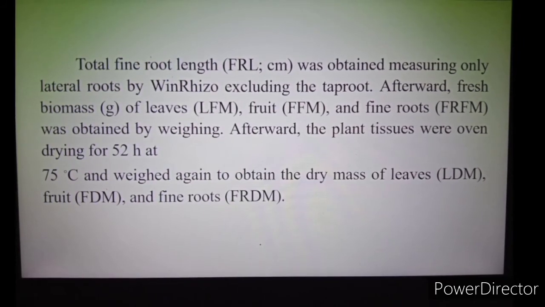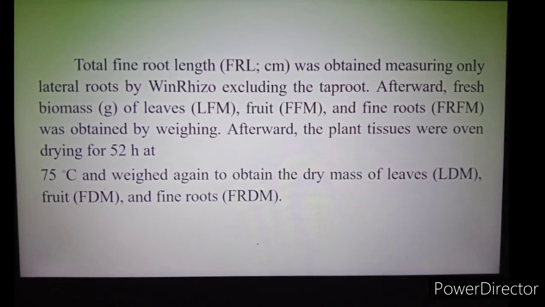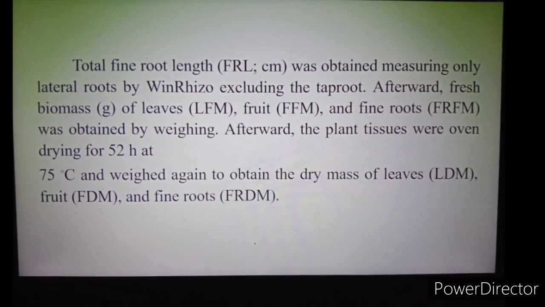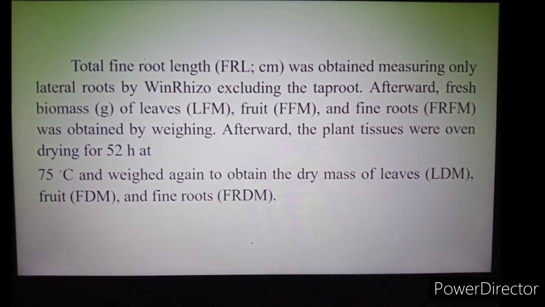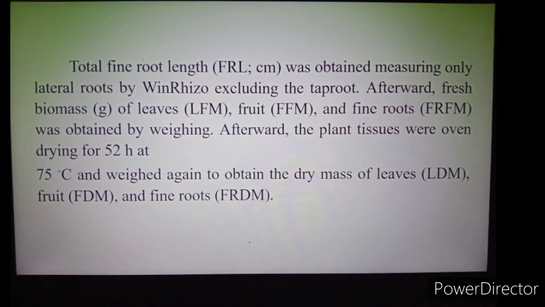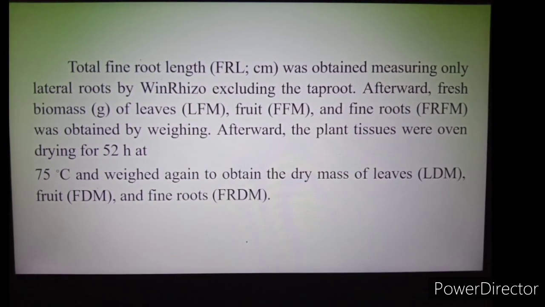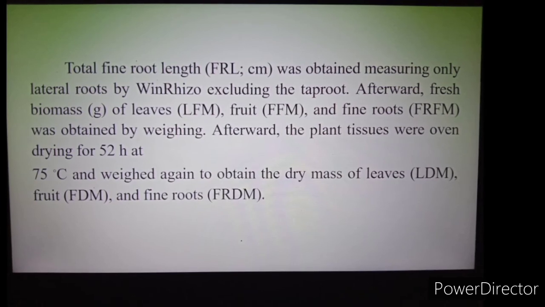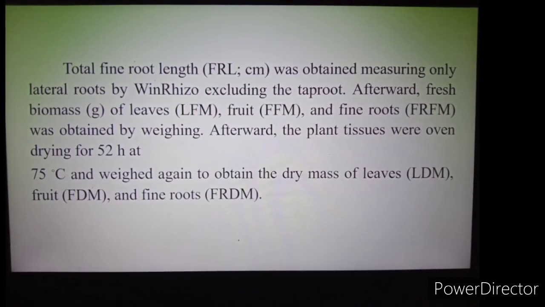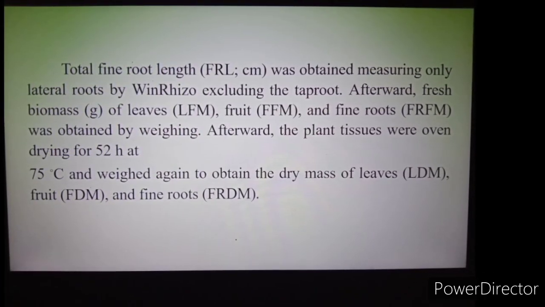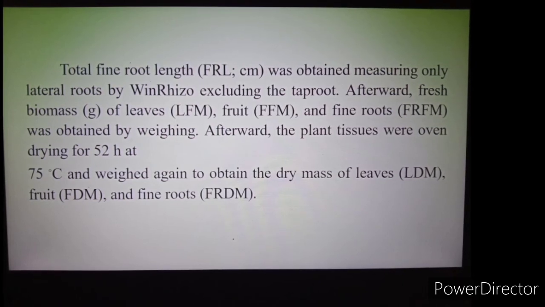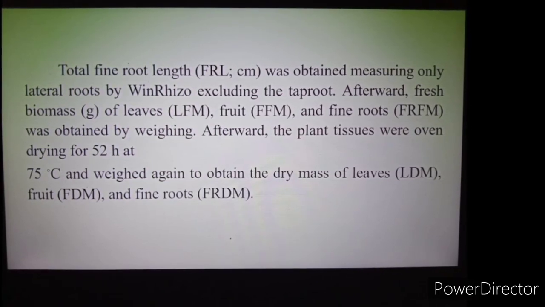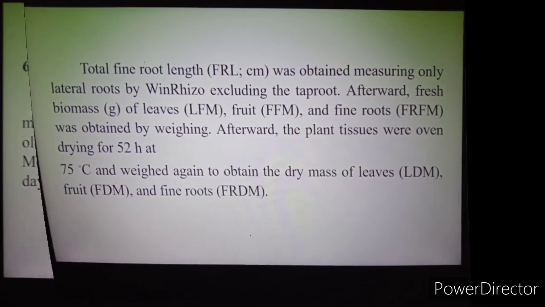Afterward, fresh biomass of leaves, fruit, and fine roots was obtained by weighing. Afterward, the plant tissues were oven dried for 52 hours at 75 degrees Celsius and weighed again to obtain the dry mass of leaves, fruit, and fine roots.